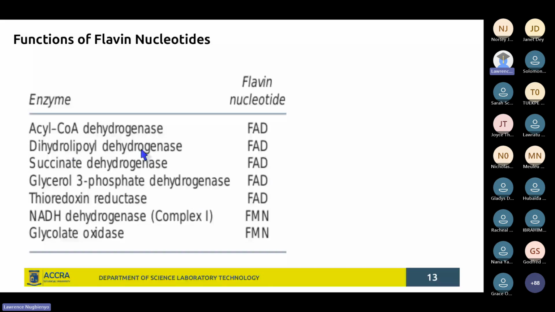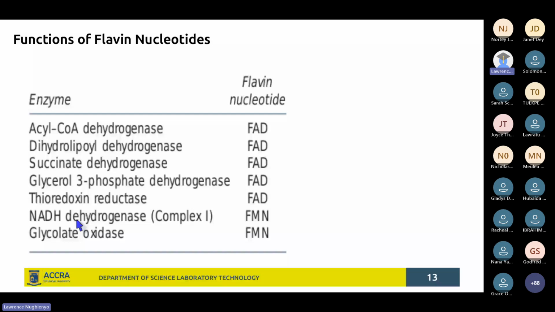Succinate dehydrogenase, that's in carbohydrate metabolism. You find the FAD as a coenzyme. Glycerol 3-phosphate dehydrogenase, that you find also in carbohydrate metabolism, FAD there. Thioredoxin reductase, that you find in protein metabolism, FAD. You have the NADH dehydrogenase complex 1.